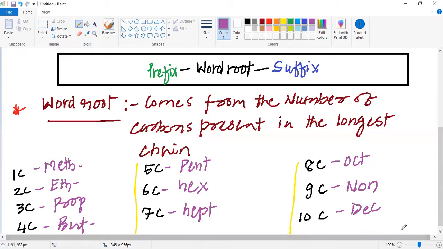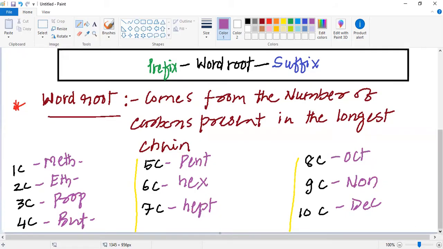So this is how, my dear students, we can go on. If we have various numbers of carbon, for example, if we have 20 carbon or if we have 30 carbon, we can even write this way: for 20 carbon we may write icos, and for 30 carbon we may write triacont.